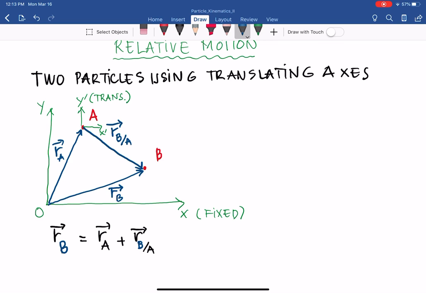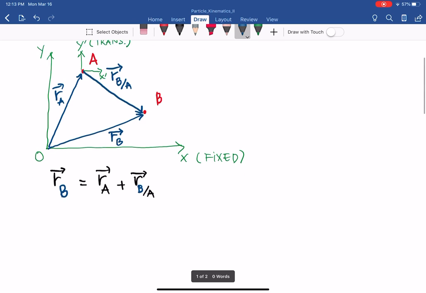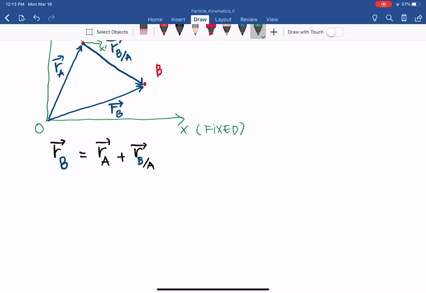So don't confuse. So it's RB, then RA plus RB relative to A. Keep that in mind. So with that, we can do the velocity.